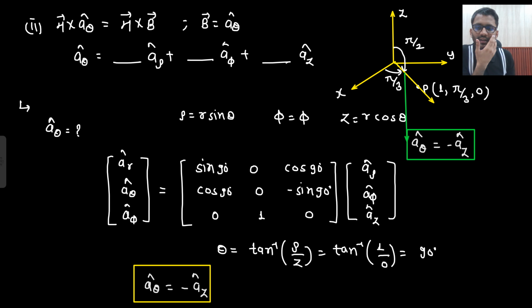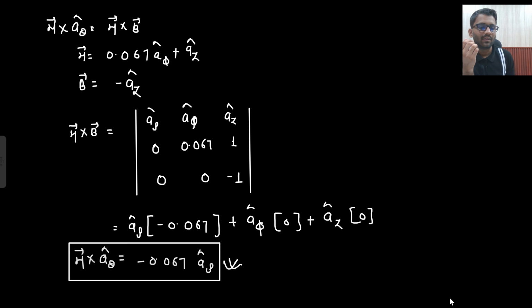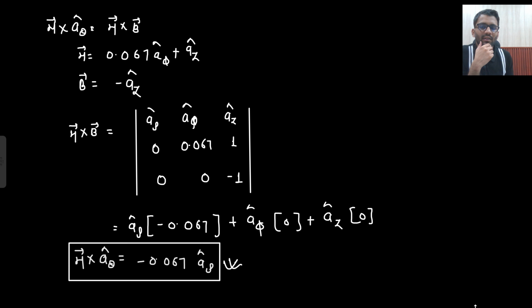So what you need to find? Vector component of h vector in the direction of a rho cap. So what would that be? H dot a rho cap into a rho. What is the value of h dot a rho cap? Vector component I need to find, that's why I am showing the direction. In the h there is no component of a rho.